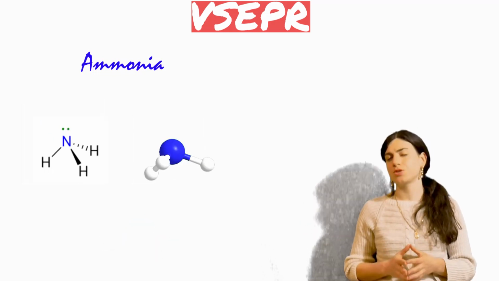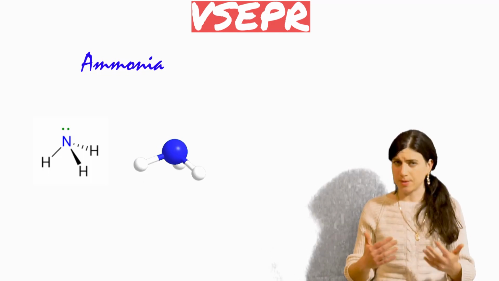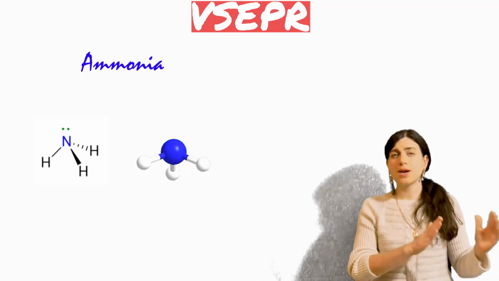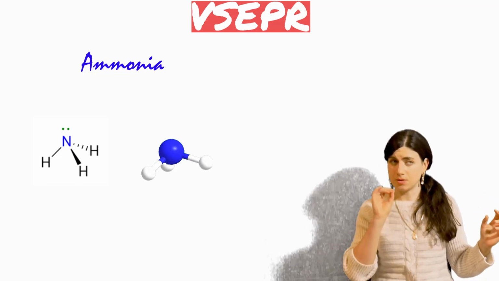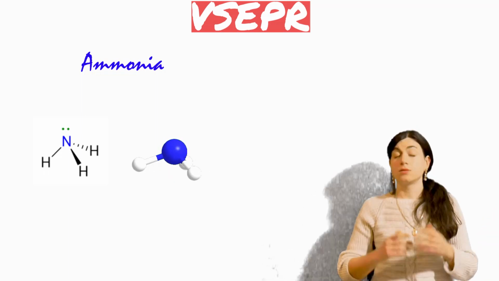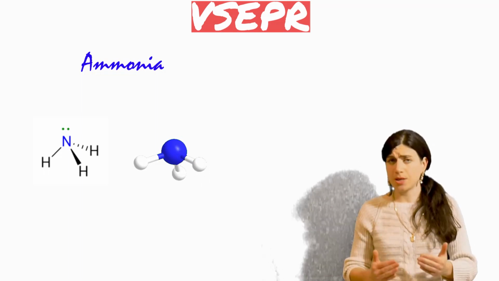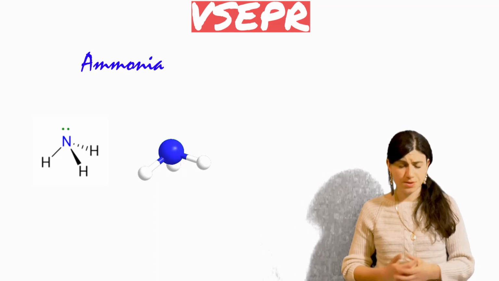Now there is also the question of which are the angles of this trigonal pyramid. Well, since we start from the tetrahedron, which has, as we know, 109.5 degree angles, we can think that the trigonal pyramid will also have 109.5 degree angles.